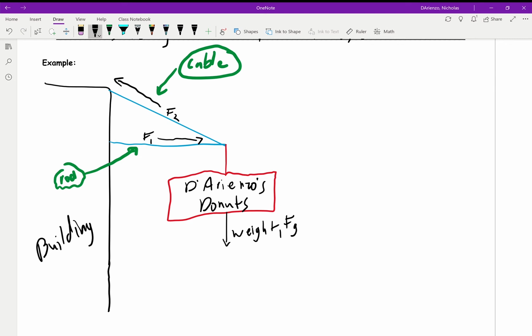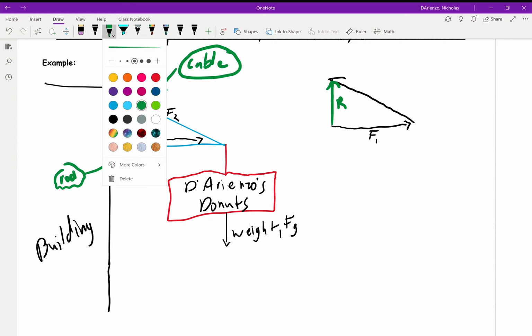Now if we do a little sketch of this and do a little vector math, we have F1 directed in this direction, F2 directed along this line. Our resultant can be drawn here.